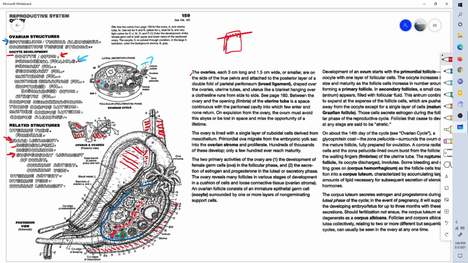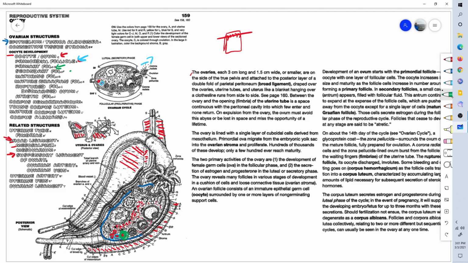So not just one layer, but 2 layers and 3 layers and 4 layers, you see. And that is when the ovum becomes what's called a primary follicle.